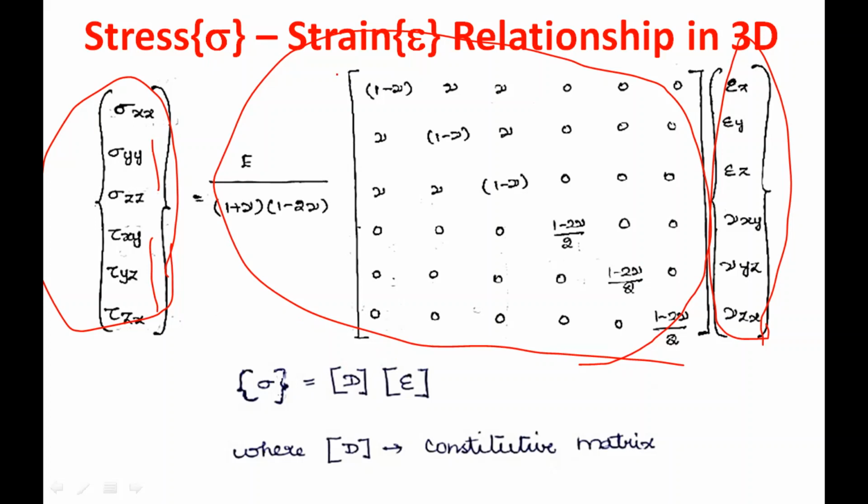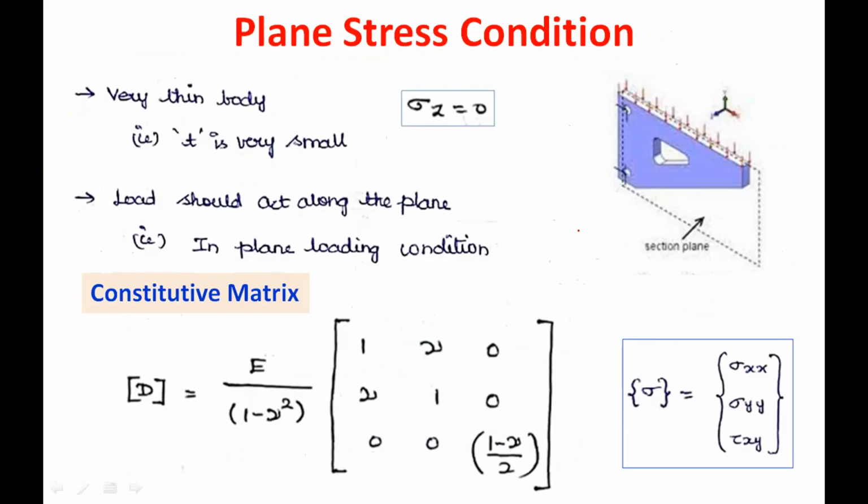But when we solve actual engineering problems, we try to reduce these three-dimensional problems into 2D. For that, we applied the plane elasticity concept and we discussed the three conditions. In this part, we are going to solve the problems under two conditions, plane stress and plane strain.